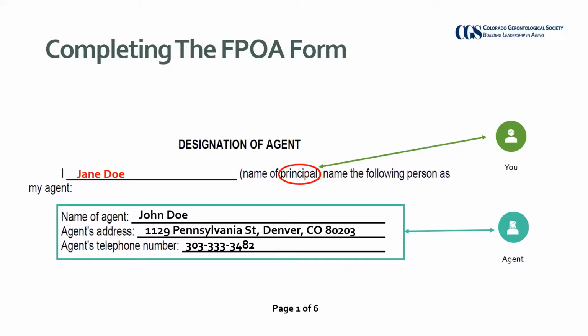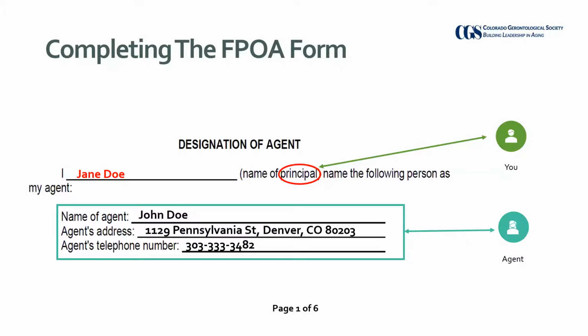Okay, because we want to make sure that there's no questions about, does she mean, is it John or is it Joy? What is the name? I can't tell if it's John Doe or Joy, or Joyce. So make sure that it's legible.